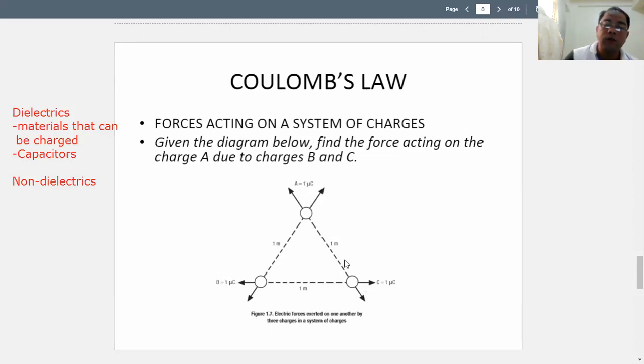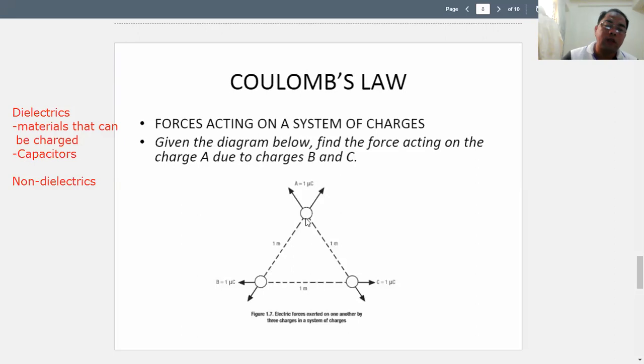So A and C will repel, and A and B will likewise repel. The force between A and B is directed this way, while A and C will have a force directed in this way, since they will repel each other.